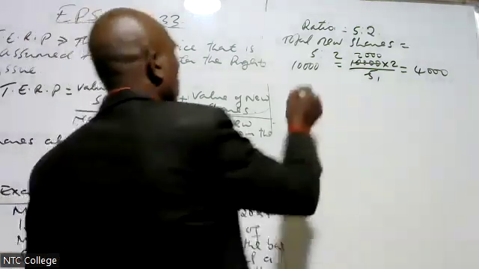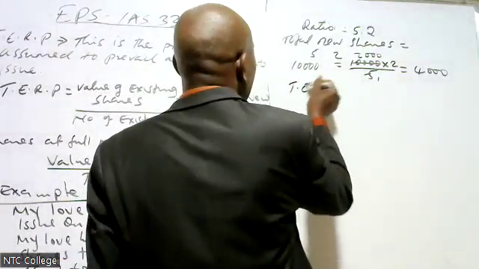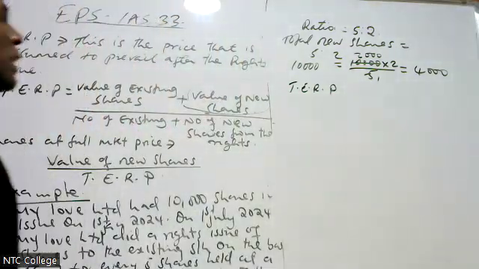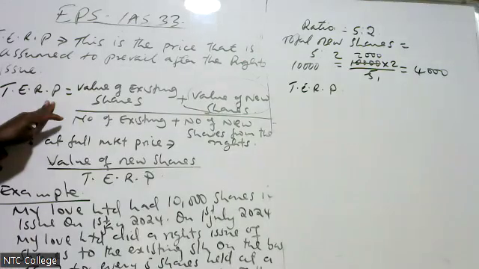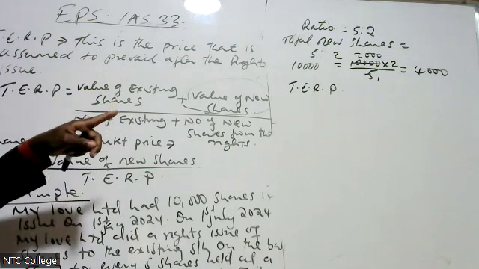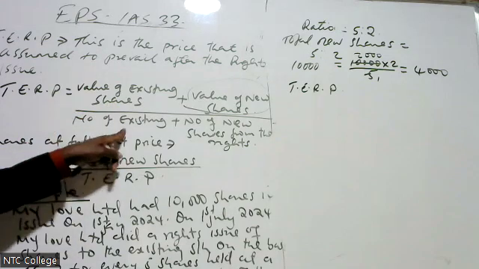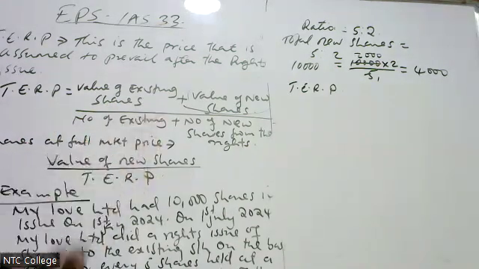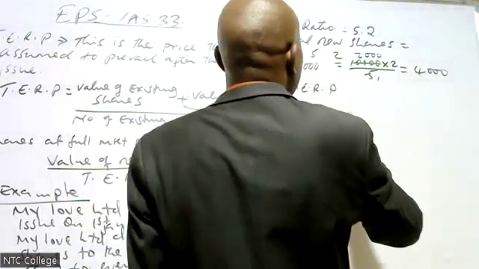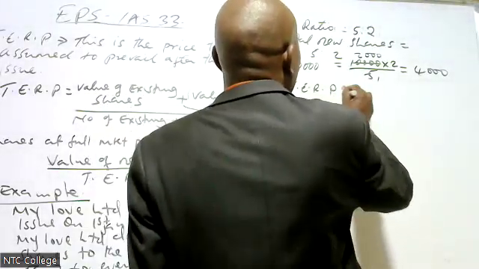Then I come to get the theoretical ex-rights price using our formula: value of existing shares plus value of new shares divided by number of existing shares plus the new shares from the rights.